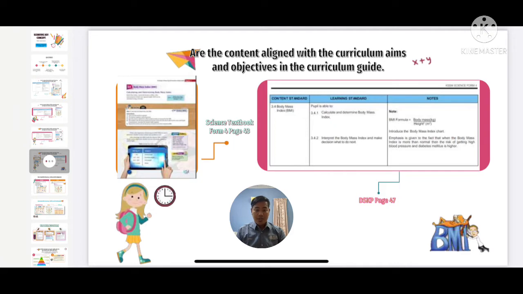For extra information, in our curriculum, we use two types of textbooks, one in Bahasa Malaysia and the other in English. Even though the language is different, the content is still the same and similar to what the DSKP needed.